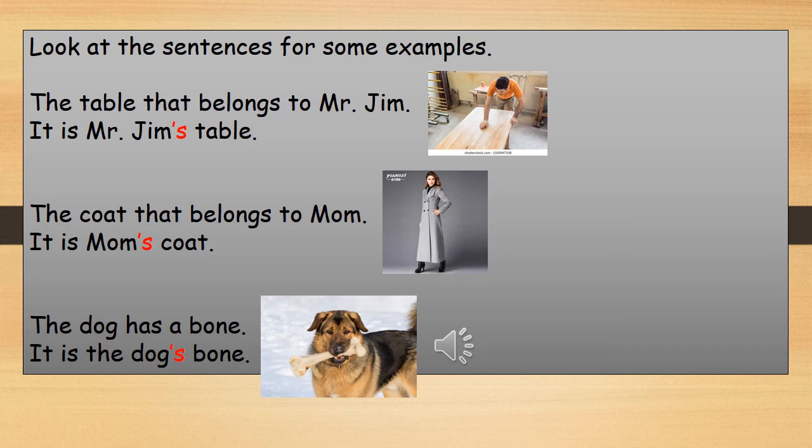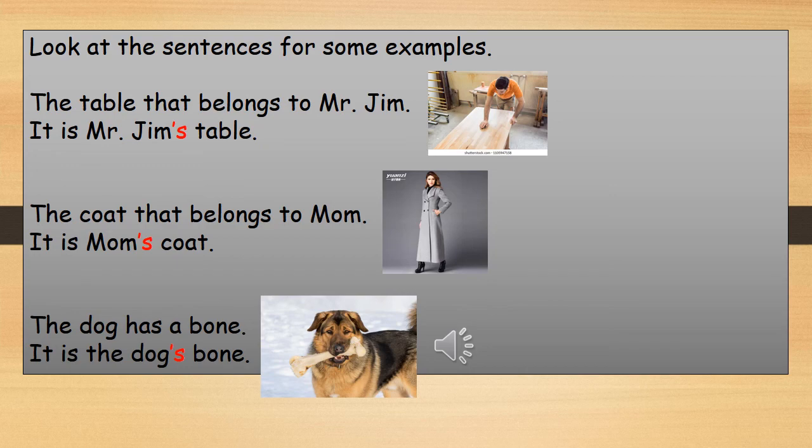Again, dog we know how to spell, D-O-G, but now we add apostrophe S to show the bone belongs to the dog. We use almost the same rule as with adjectives, where we put the adjective before the noun. Now we use the apostrophe S and the person who owns it before the noun.